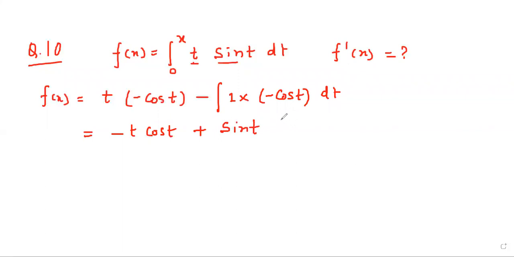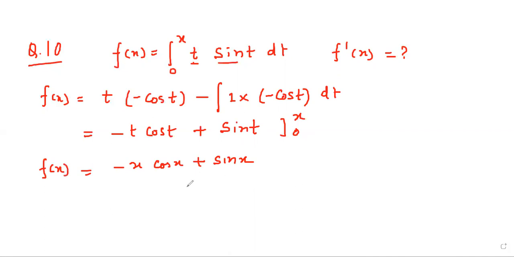And then limits are 0 to x. So after putting limit, what do we get? It becomes minus x cos x plus sin x, which is correct.